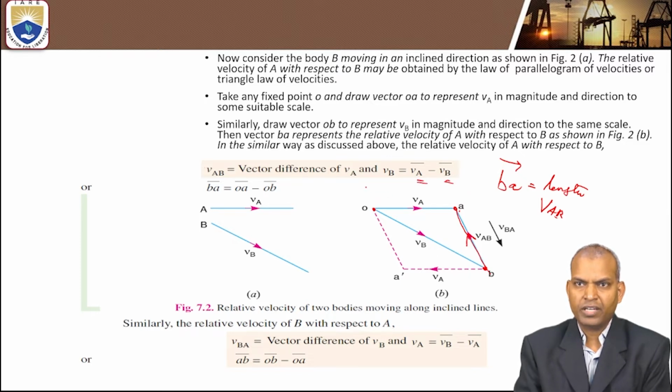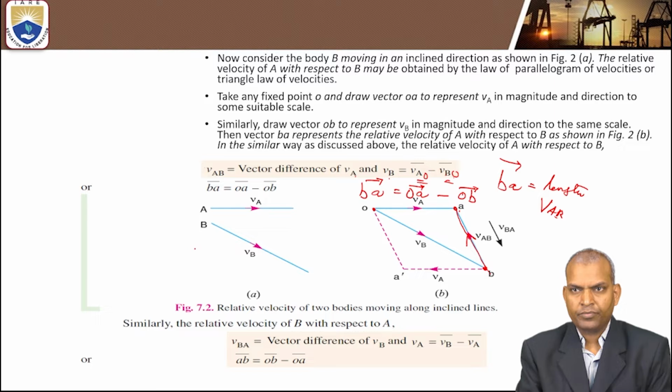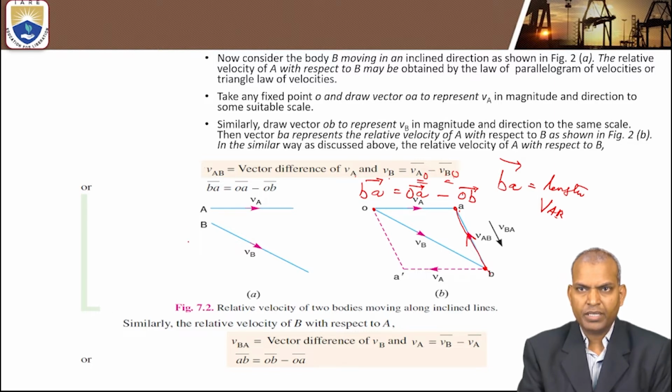With the help of the vector equation, velocity of A with respect to B, that means B to A, equals the absolute velocity of A, that is OA, minus the absolute velocity of B, OB.